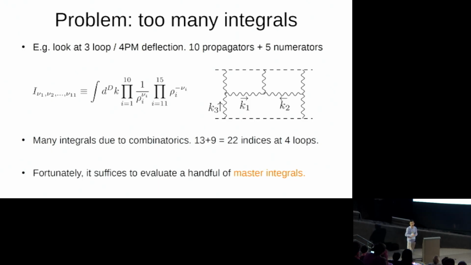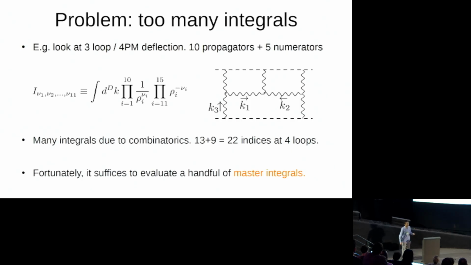Just because of combinatorics, you get a mix of many different integrals. At 4 loops, you get 13 propagators plus 9 irreducible numerators. From these 22 indices, you allow them to have different integer values. You easily get millions of integrals.